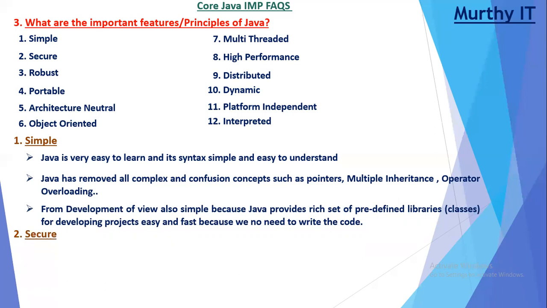Why is Java secure? We can say in two ways, two reasons. Java provides security from the code and data points of view. How does it provide security to the code?